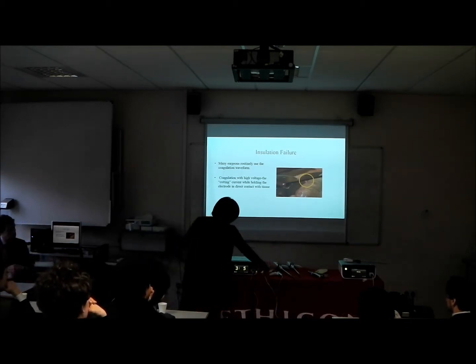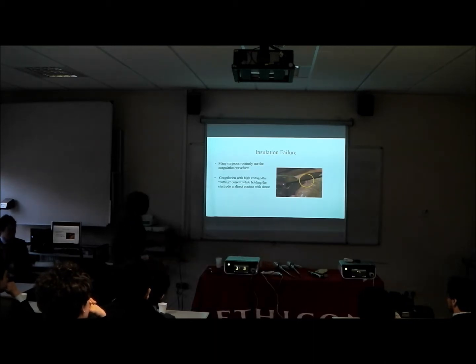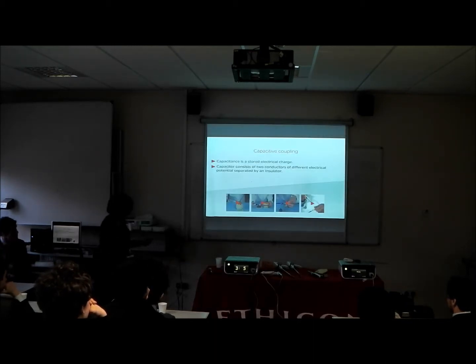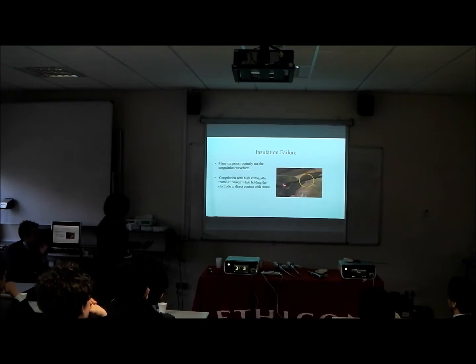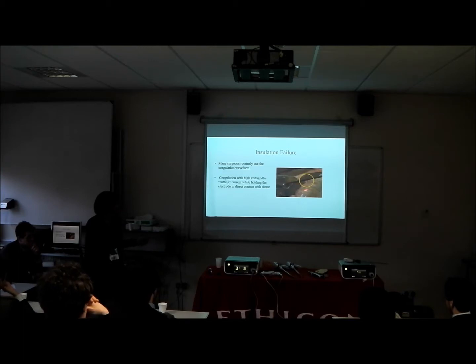Wherever the insulation is broken, if another organ touches it, it will be damaged. Here, this is where the insulation has broken, and it damages the bowel. Whichever organ comes in contact with the area where insulation is broken will be damaged. So we need to keep that in mind: always check the equipment before we use any.